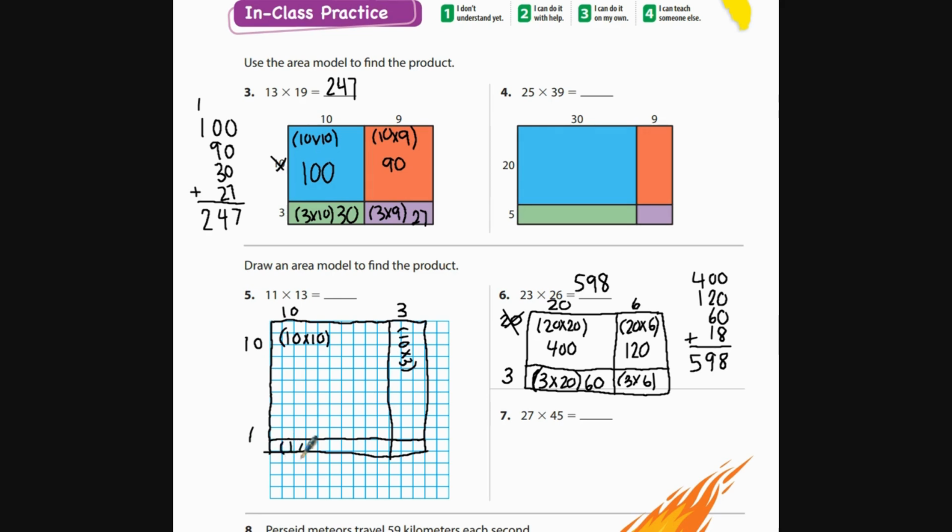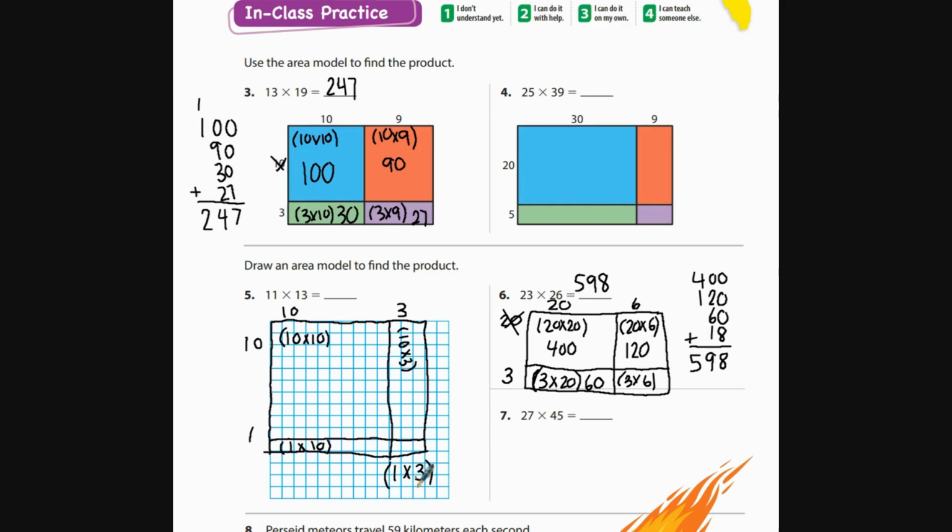It would be 1 times, not this 10, this 10. 1 times the top. Side times the top. Never side times side or top times top. And what would this one be? 1 again times what? Times that 3. So these are your parentheses.